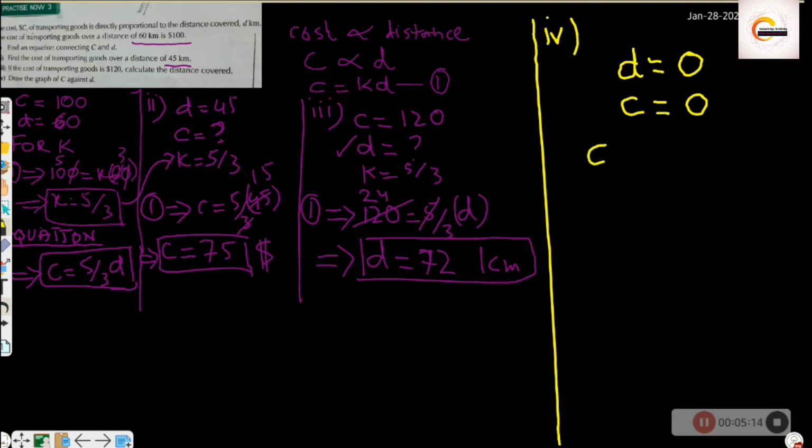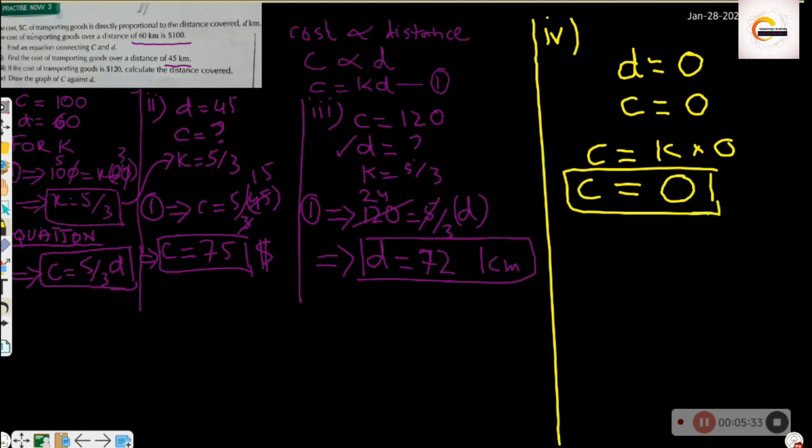You can see C is equal to K into 0. Now I'm not putting the value of K because it's useless, otherwise you can. So K into 0, anything multiplied by 0 becomes 0.